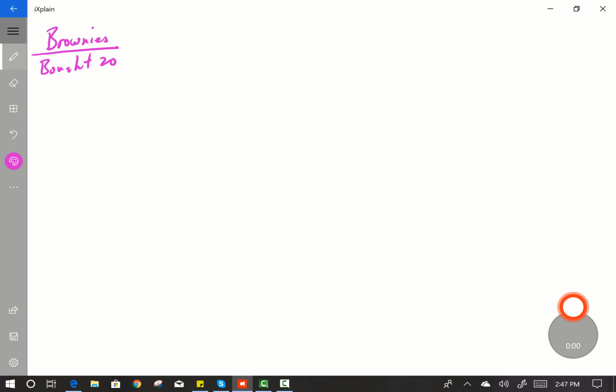The unit cost is 79 cents each, and we want to find the total cost, and then the percent of markup on cost, which is going to be 60%.